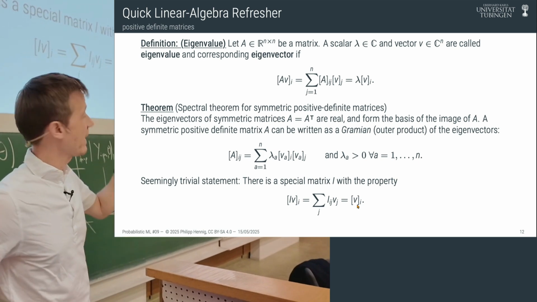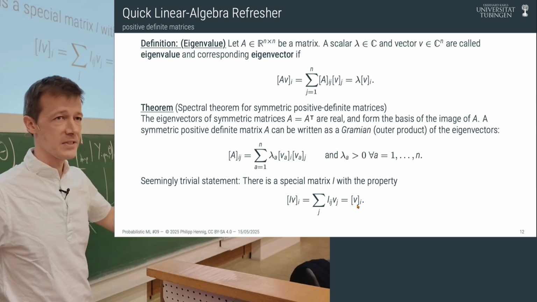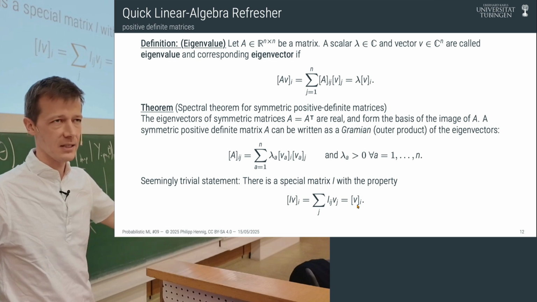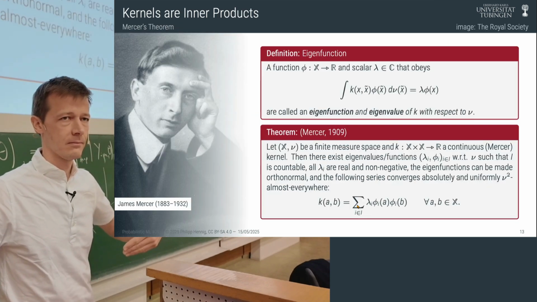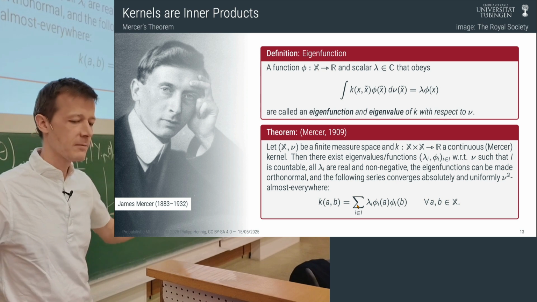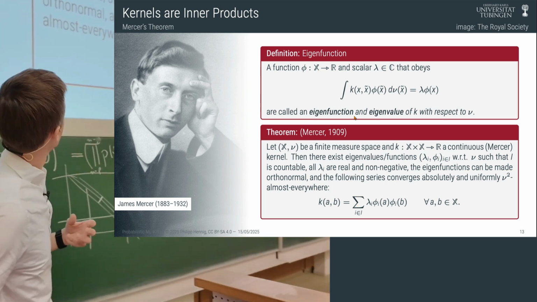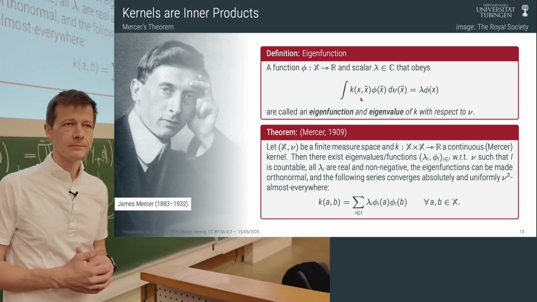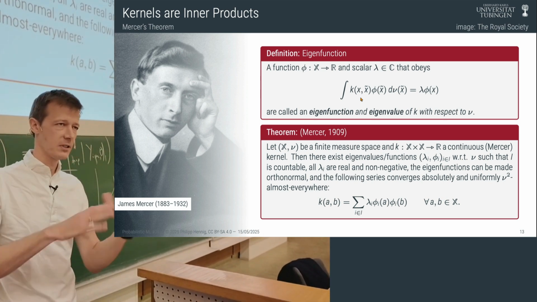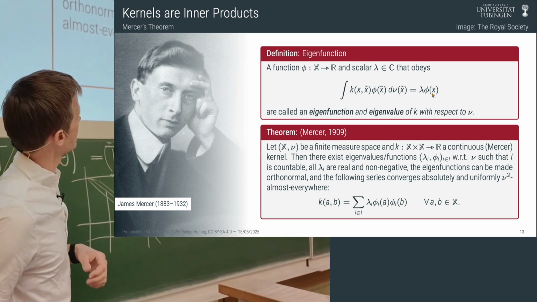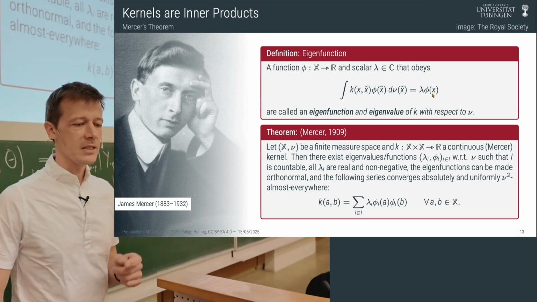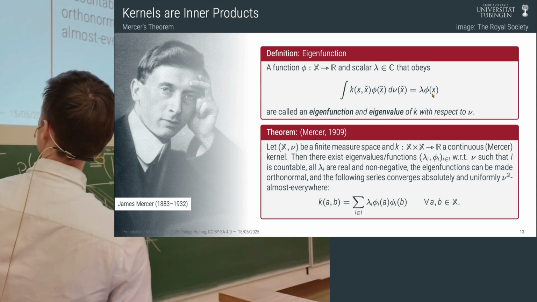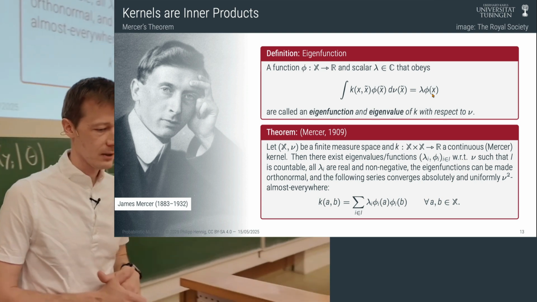Namely, just like there are specific vectors for matrices that don't change under the application of the matrix, except for a scaling, there are functions for kernels that have the specific property that when you map them through the kernel, and mapping here has to involve an integral because it's a function, so it's infinite dimensional as an object, you get back the same function scaled by just a number. And these functions are called eigenfunctions. Their theory is associated with this guy here, James Mercer, English mathematician.